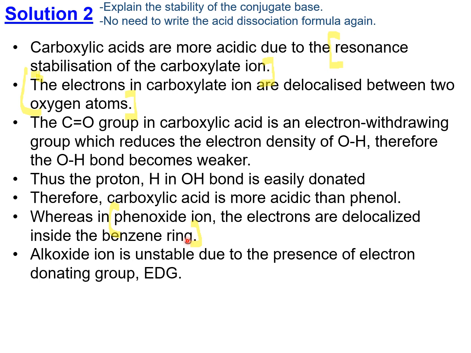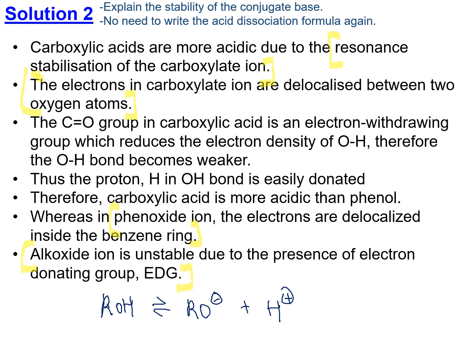Alright. How about alcohol? Okay, alcohol dia akan menghasilkan conjugate base alkoxide ion. So apa yang you boleh cakap kat sini ialah alkoxide ion ni is unstable just because of the presence of electron donating group. Okay. Sebab kalau kita tengok structure previously, alkoxide ion kan, contohnya this is alcohol. If this is alcohol, lepas tu kalau dia buat acid dissociation, dia akan dapat RO minus dengan H plus lah.